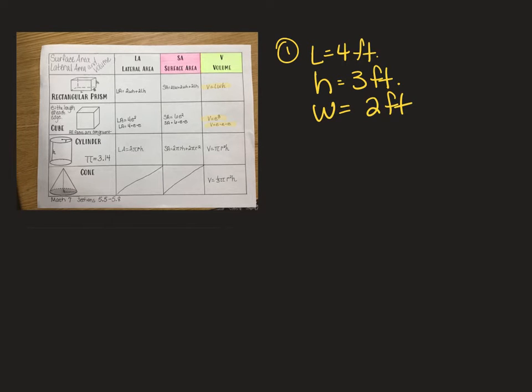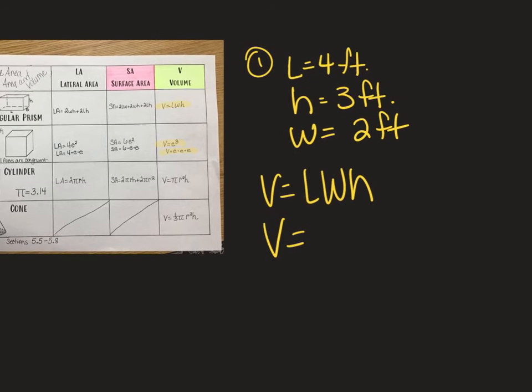Okay, so the formula is volume equals length times width times height. So volume equals, this is how you write your problems when you're doing them, right? What's the length? 4. What's the height or the width? Height, the width is 2. What's your height? 3.